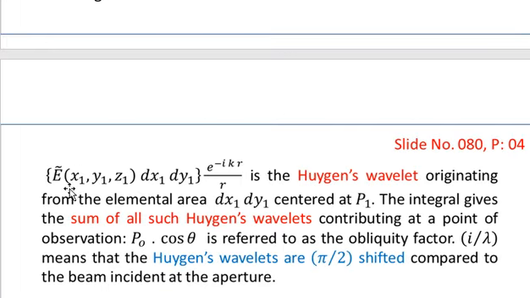For example, E prime at x1, y1, z1 multiplied by dx1 dy1 and multiplied by e to the power iota kr over r is the Huygens wavelet originating from the area element dx1 dy1 centered at the point P1. So we are considering a small elemental area about the point P1 having dimensions dx1 and dy1, over which the field E prime of x1, y1, z1 is assumed to be constant.